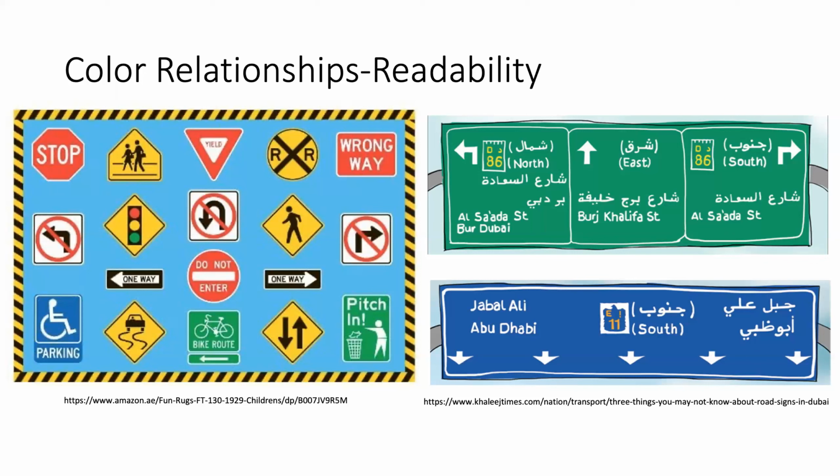You do have differences between Europe and the US, between the US and Canada, different things like that, and even here. So when there's more information and there's more detailed reading, it is white on blue. Black on yellow, very legible.